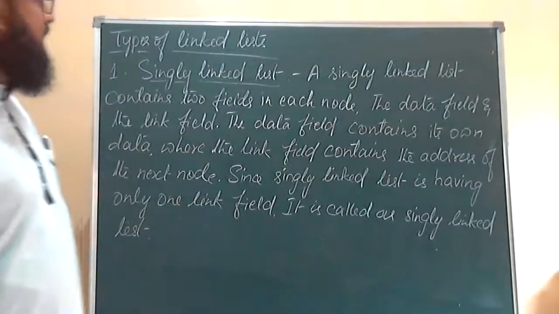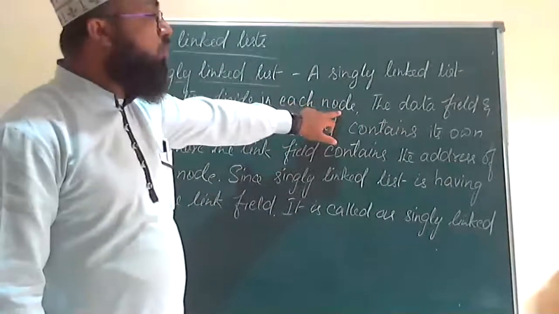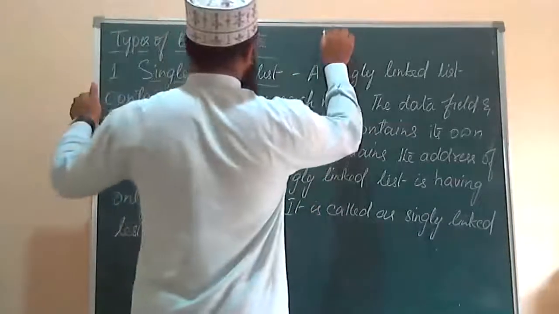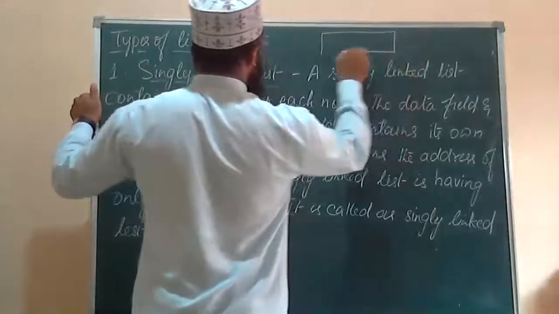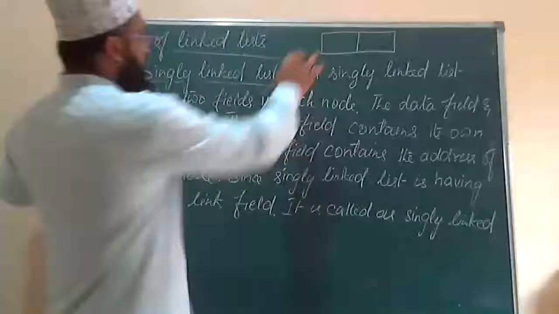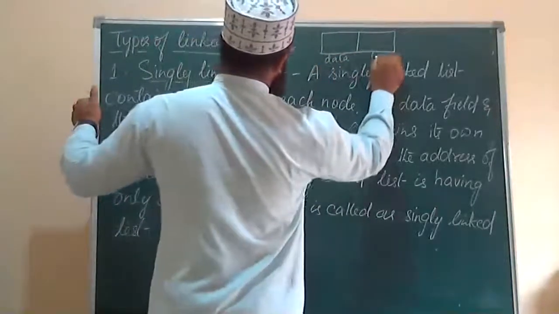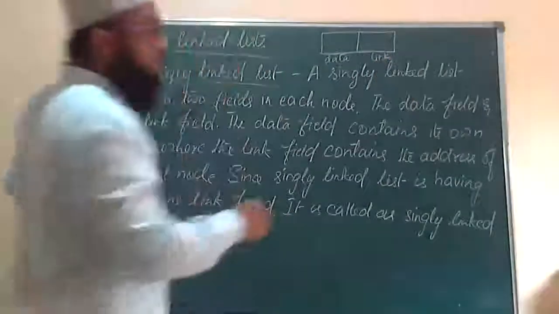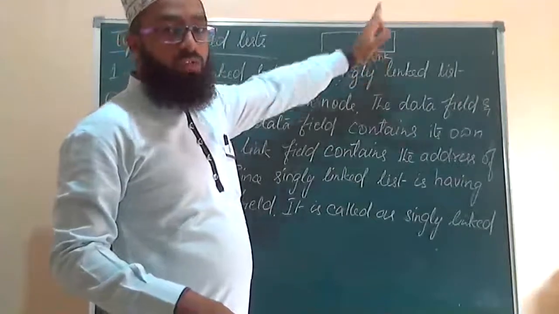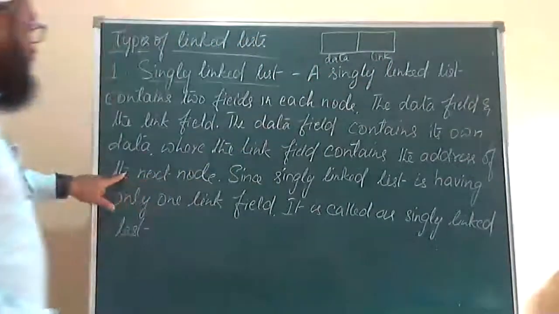Here, dear students, each node of a singly linked list contains two fields. The first field is the data field, and the next one is the link field. The link field can also be called the reference of the next node.